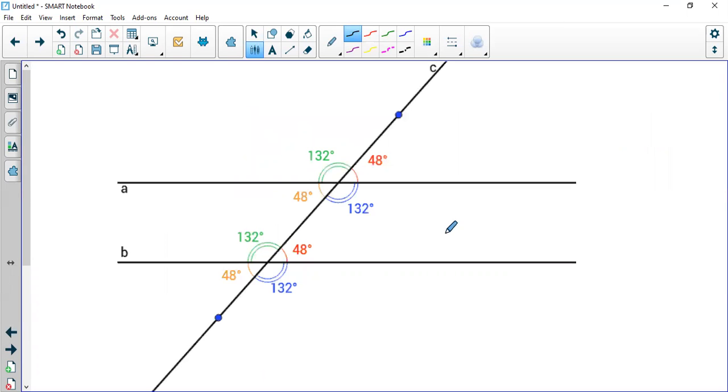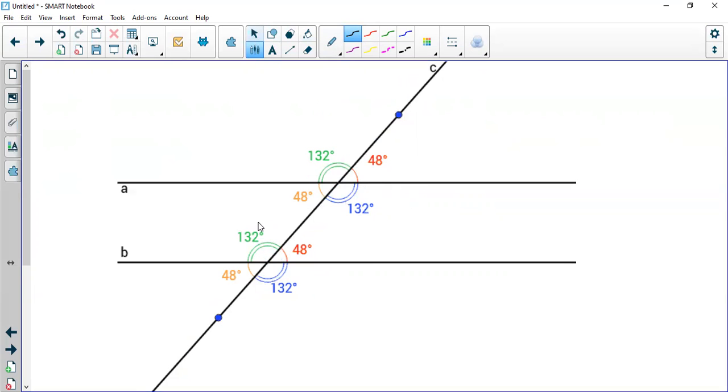Okay, next, you're going to have to identify your angle relationships and determine different angles based on those. For example, here I have two parallel lines and this transversal. It creates all these relationships. What's color coded in this diagram are corresponding angles.